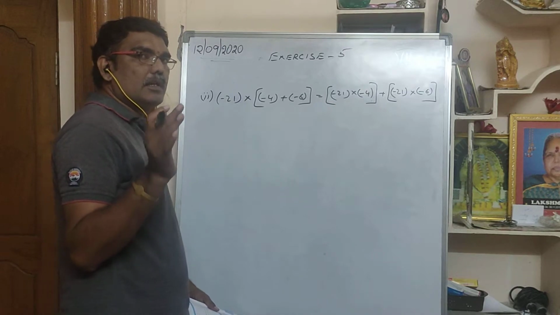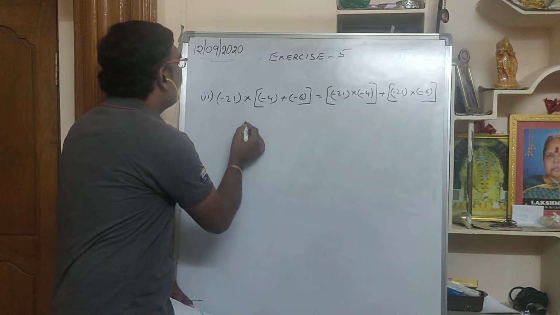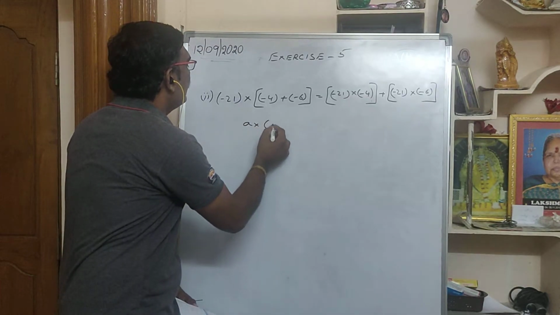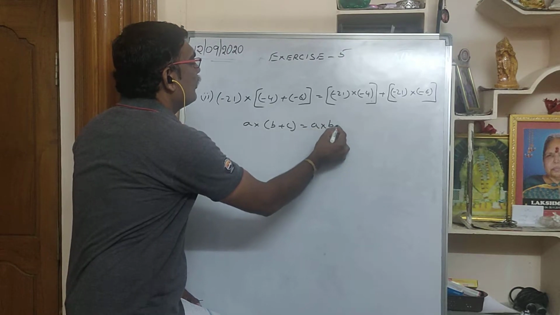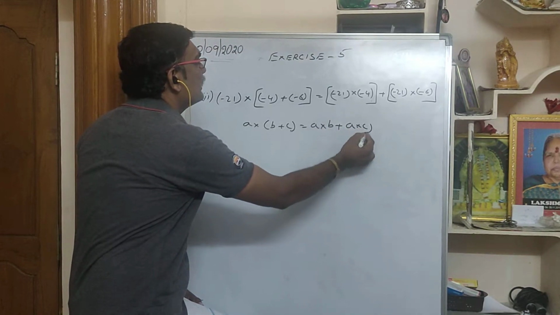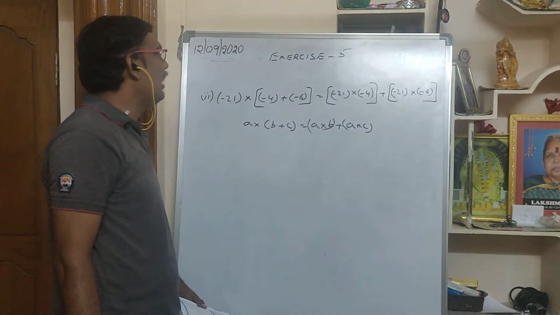In lower classes we learned the distributive property, that is A into B plus C is equal to A into B plus A into C. This is called the left distributive law.